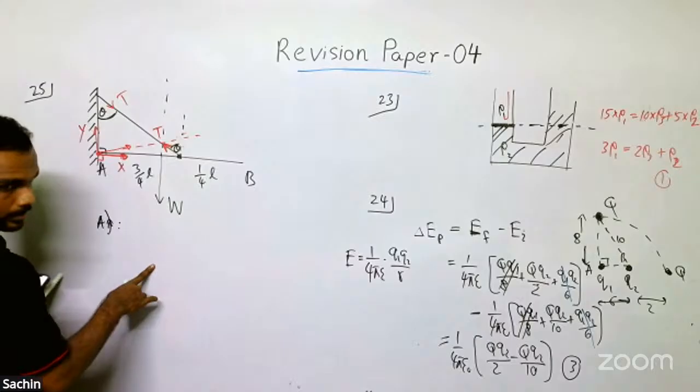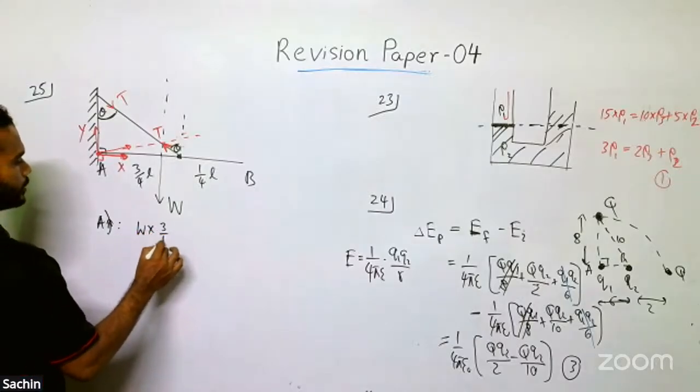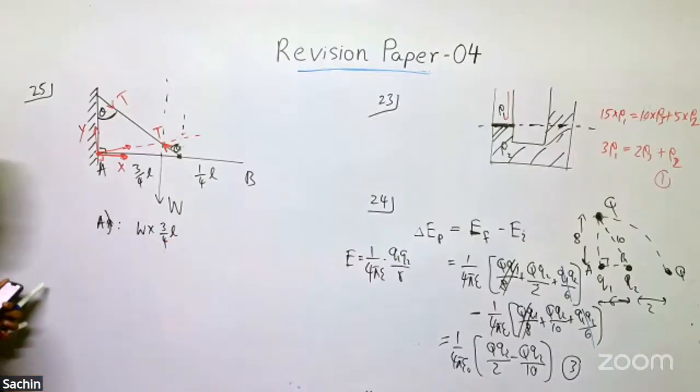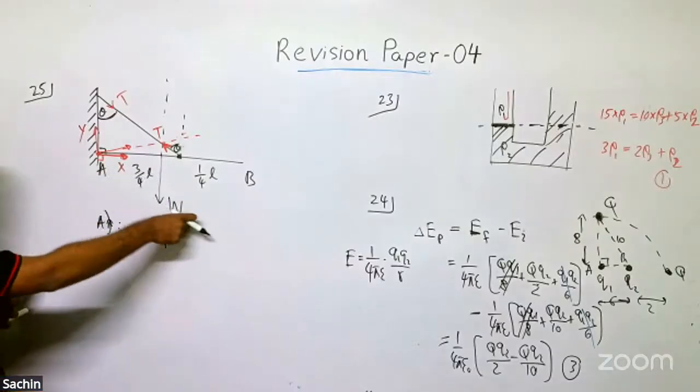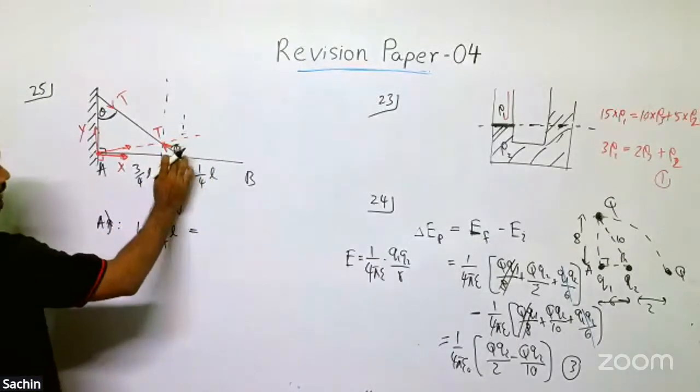If the system is in equilibrium, the moment should be zero. So W into 3L over 4, that's the moment made by the weight, should be equal to the moment by the tension.